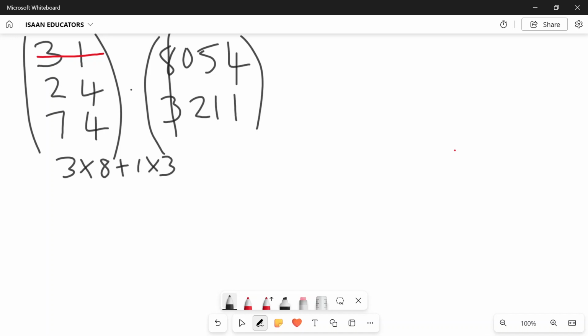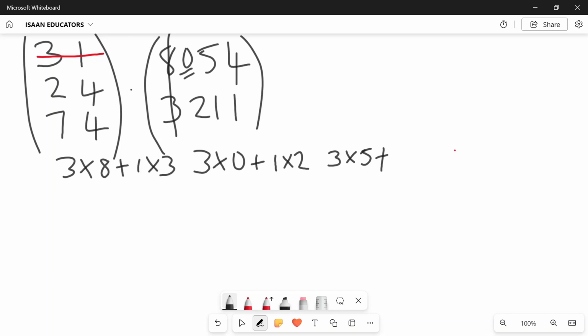We still proceed with 3. These are 3 multiplied by 0, that is in the second matrix. Then you'll add 1 multiplied by 2. Then we still proceed. We have 3 multiplied by 5.